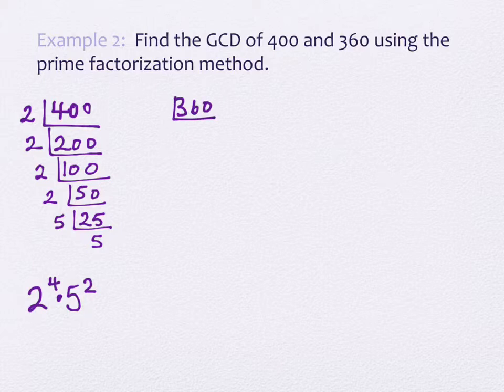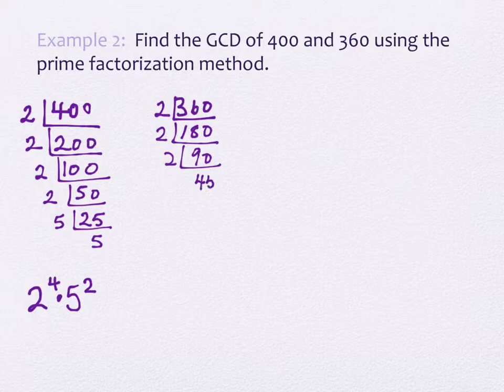All right, we're going to do the same thing for 360. 360 divides nicely by, okay, smallest number first, so 2, yeah, 180. And then 2 again to give me 90, and 2 again to give me 45. And yes, it divides by 5, but it divides by something smaller. 3 to give me 15, and then 3 and 5.